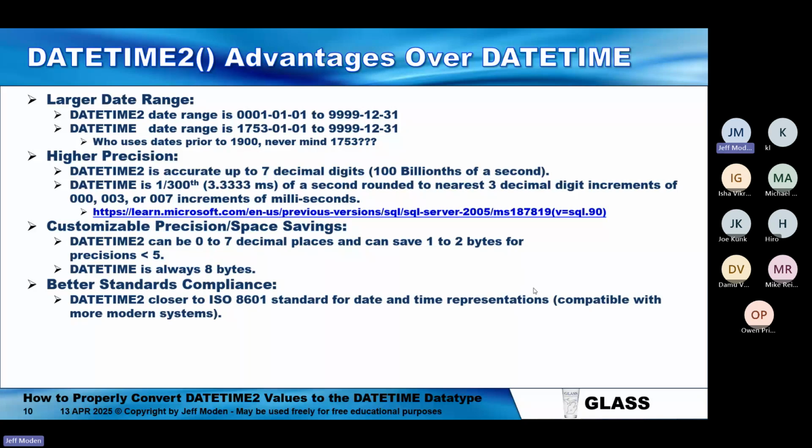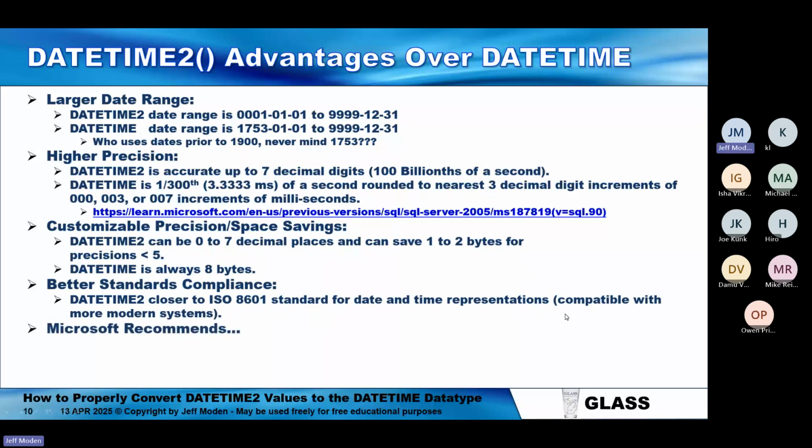They also say DateTime2 is better for standards compliance. It has more different time representations. If you look at cast and convert in the documentation, it shows cast and converts only out to 3 decimal places. It'll actually do out to 7 decimal places, and so it's a lot more compliant. But they don't document in the Microsoft cast and convert all the decimal places that can be had.